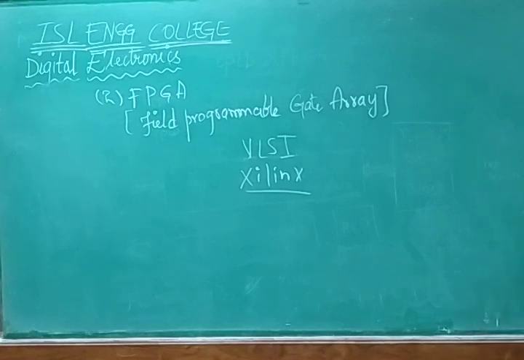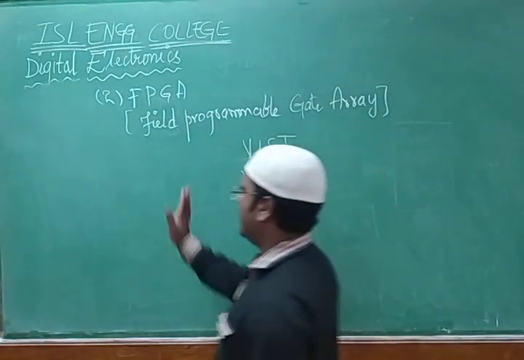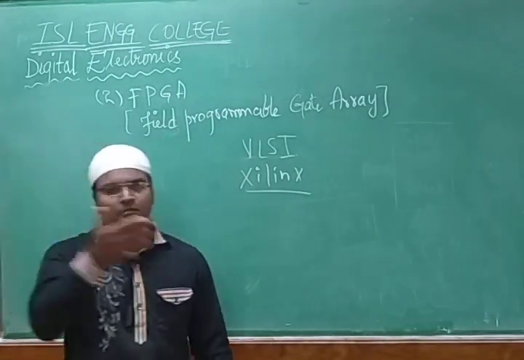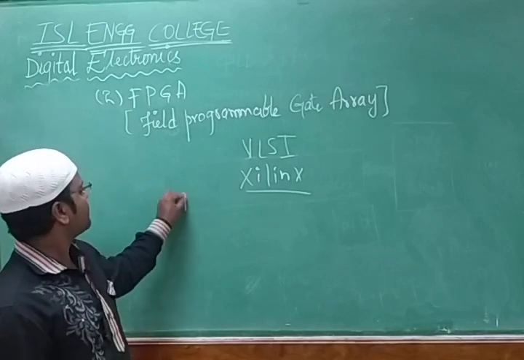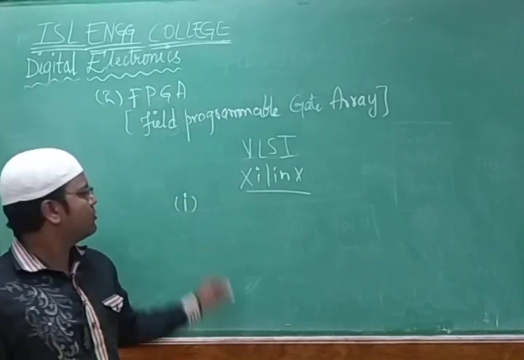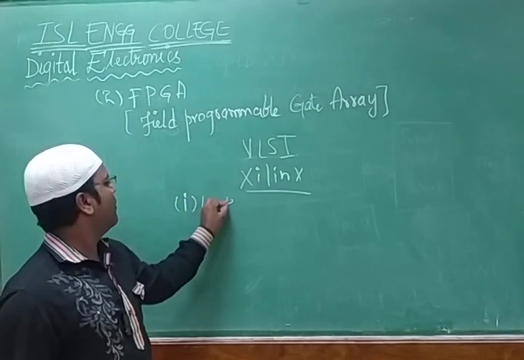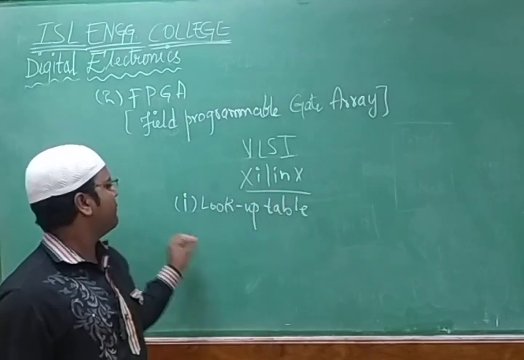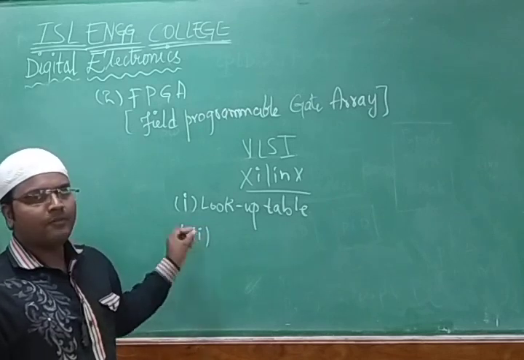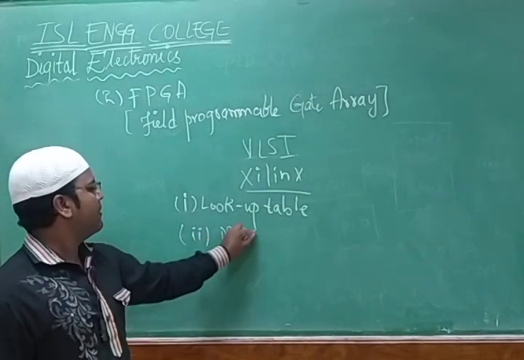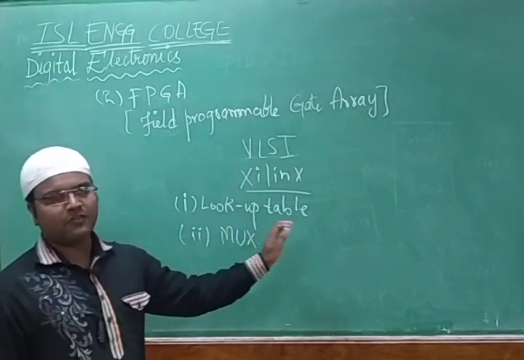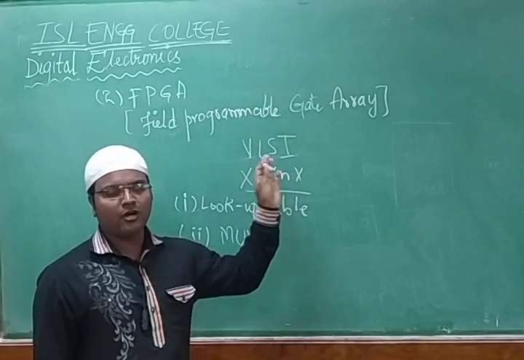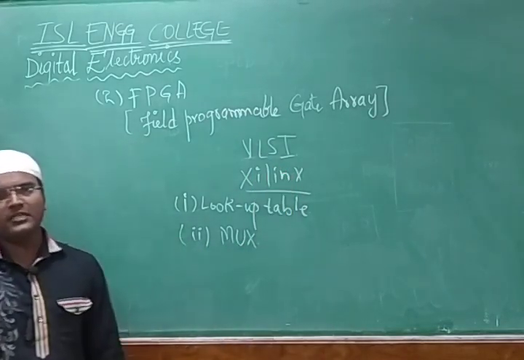So what I read just now, I said that when you want to design an FPGA, it can be designed by considering one thing, lookup tables. Second thing, we are doing the programming for it, right? By considering the multiplexer, demultiplexer, where you have multiple inputs and out of that you select one output by considering the select inputs.